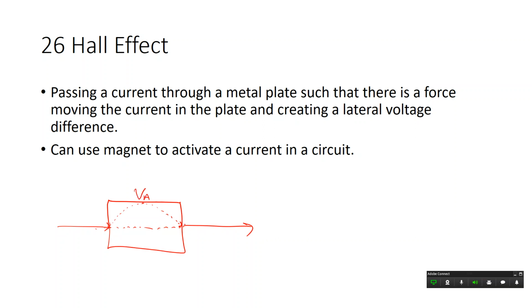Let's say I wanted to run this into a resistor or whatever. I can make a secondary circuit coming out of my first circuit. That's quite convenient because I can start and stop this with a magnet or by providing or not providing a magnetic field on that plate.